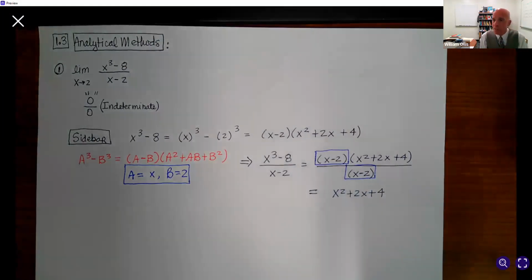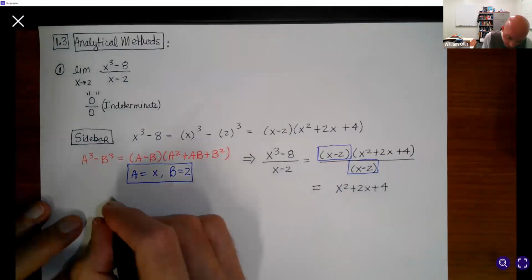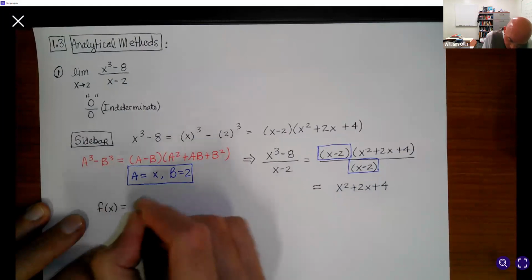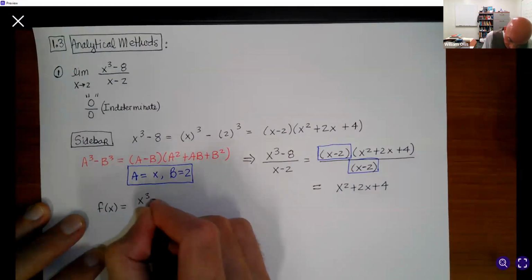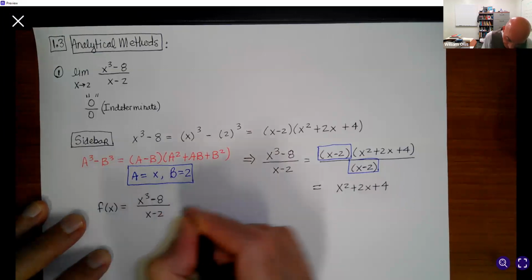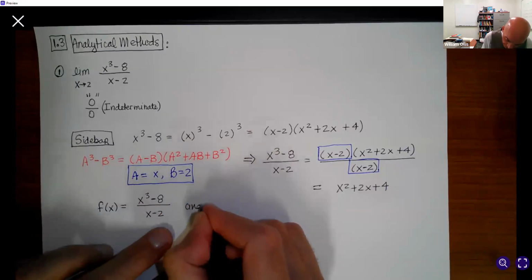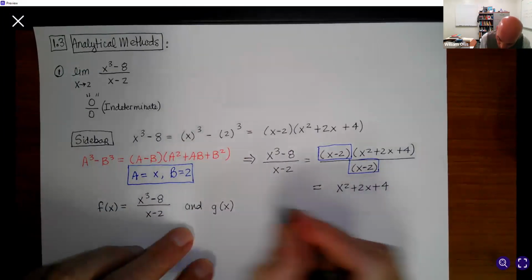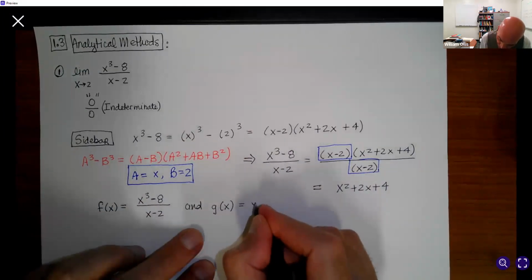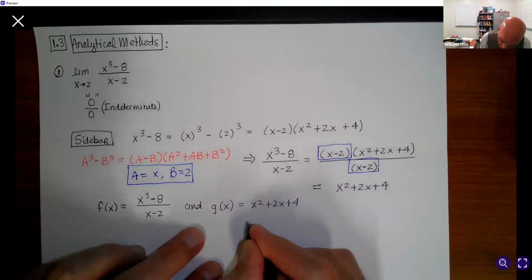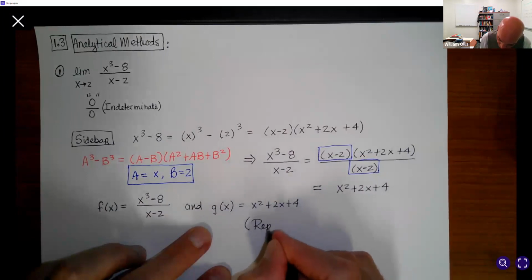In the parlance of the theorem, f of x equals x cubed minus 8 over x minus 2, and g of x is the replacement function, which is x squared plus 2x plus 4.